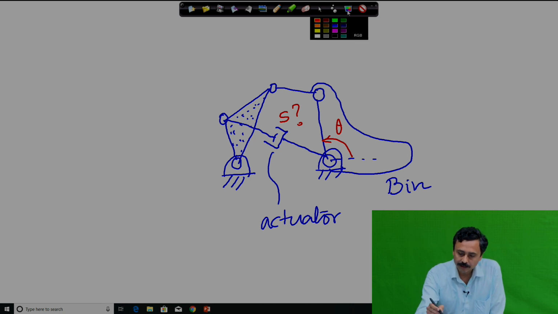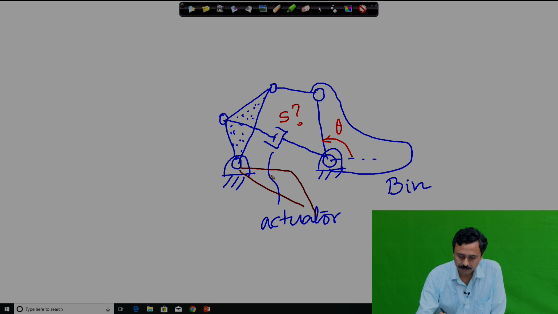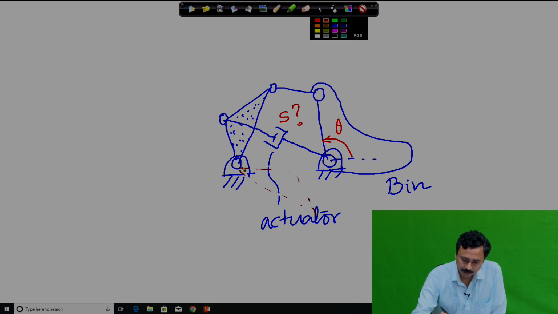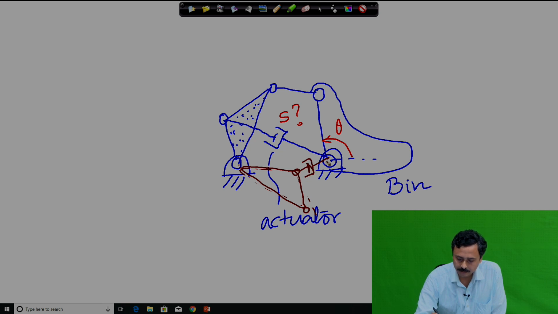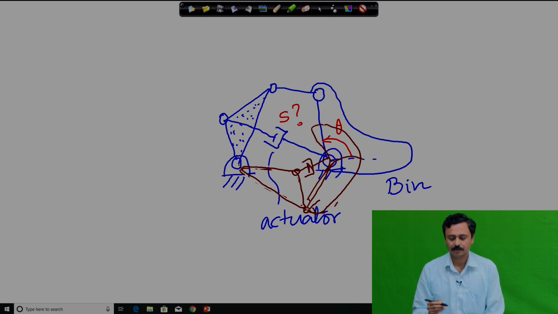Another solution could be where this goes something like this, and the actuator goes like this, and the bin can go in a very strange position, something like this.